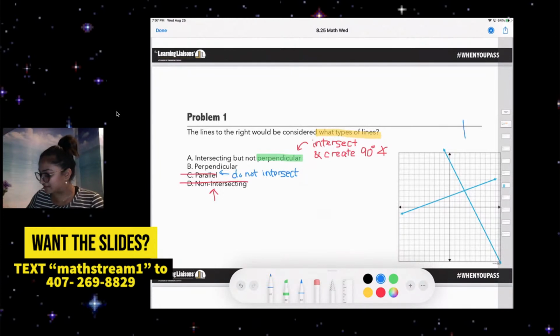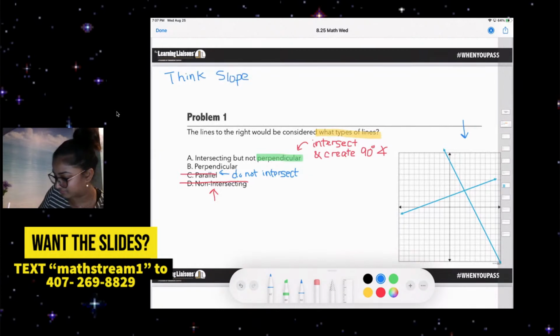When we have a graph, we want to think slope. So if we're thinking slope, we have to think of ways that the slope interacts with this graph and helps us with the answers, the words that we have.